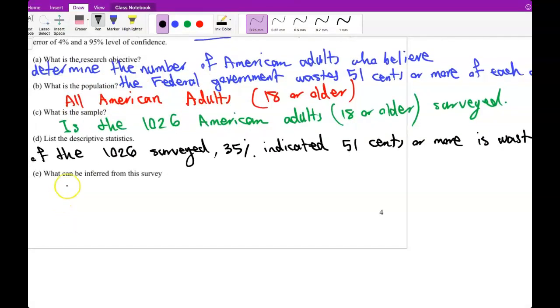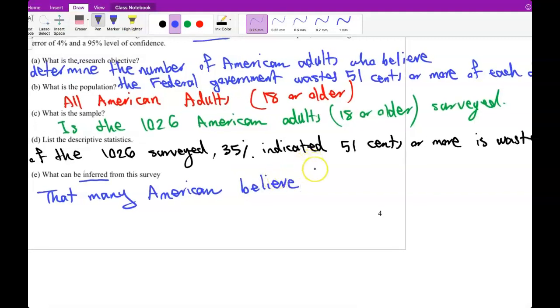So what the conclusion is, what can be inferred is that many Americans believe, because we cannot find an exact number for that.